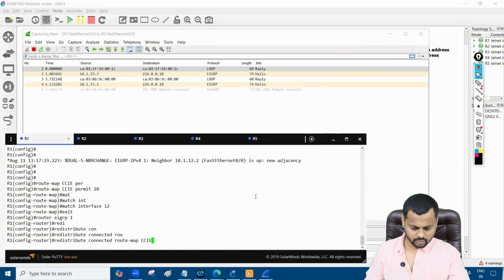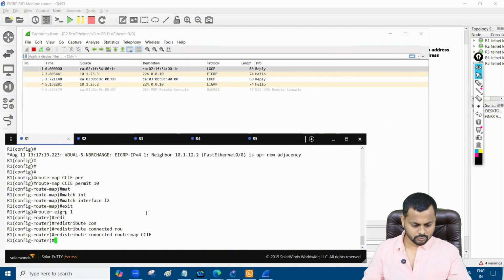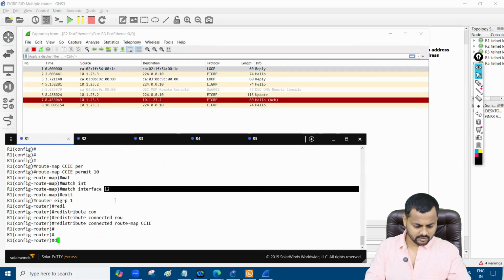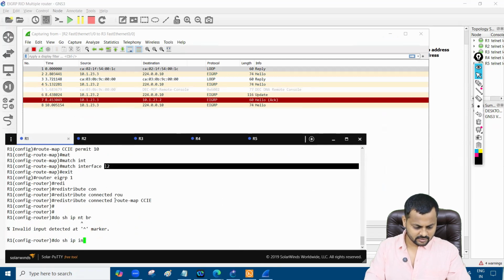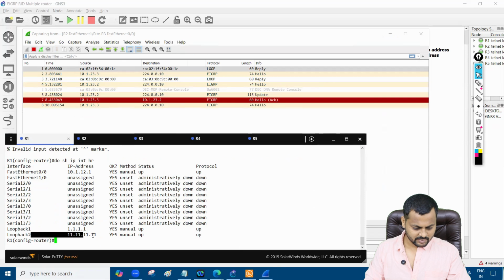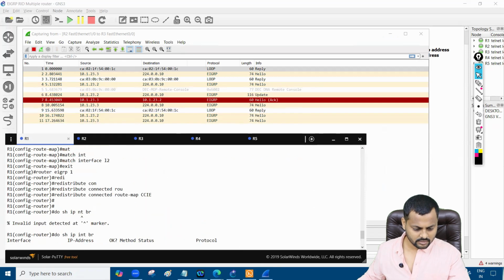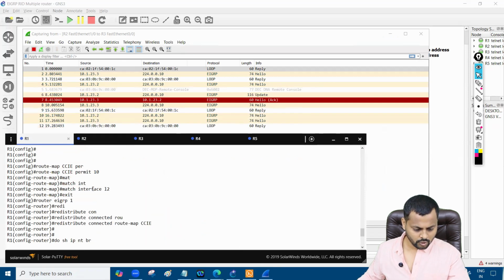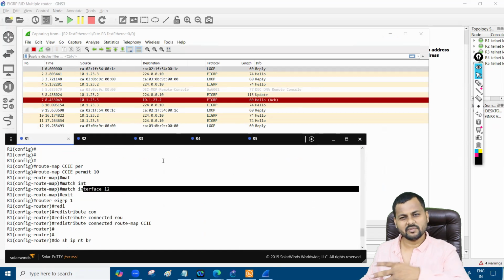And here we go. Loopback number 2 is this IP address, 11.11.11.11. So what I did, I simply called this loopback instead of calling the ACL and prefixes, right? So this is another way that you can call it.